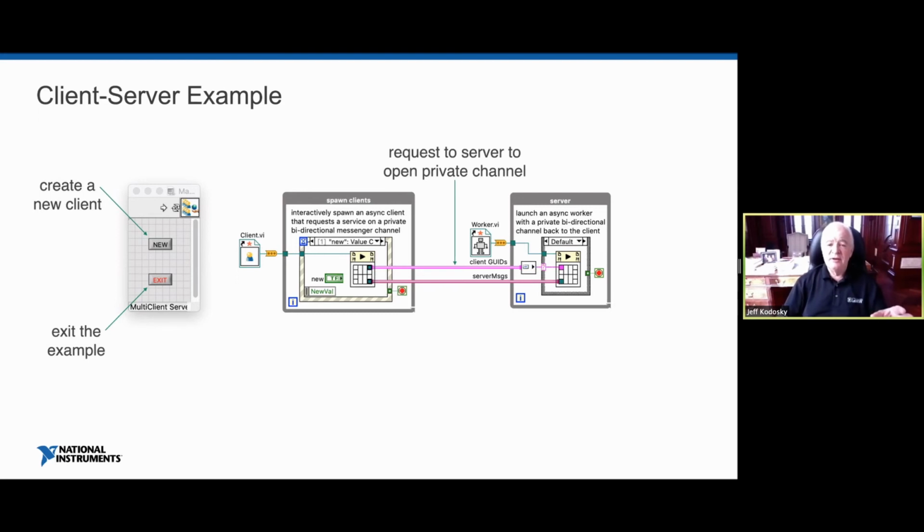So the client initiates the request for service by sending its GUID to the server, and the server launches a worker and then provides this bi-directional secure channel between the client and the worker.